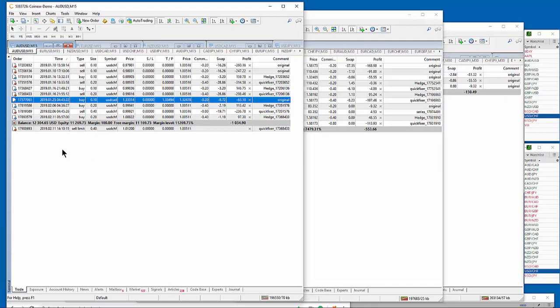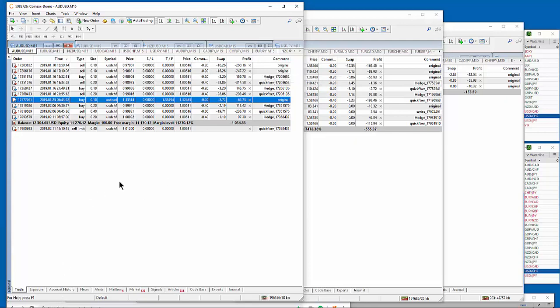We don't have any open positions left over for this week, because this USD CAD trade was here from the 25th of January. The only trades from this week are the hedges and quick fixers associated with the two original trades.